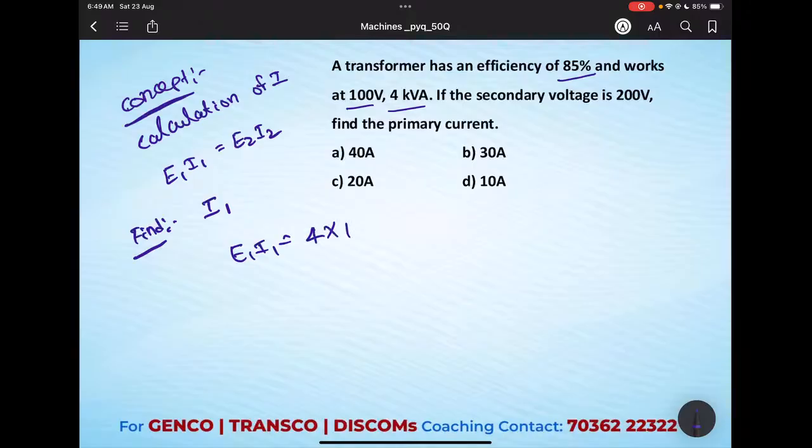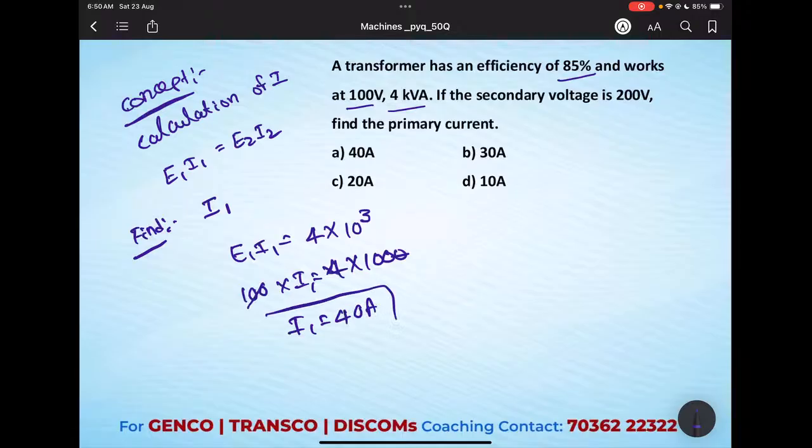It is 4 into 10 cube. E1 is 100 volt. So I1 equals 4 into 1000 divided by 100. If you cancel out 100 here, I1 is going to be 40 amps. So our option will be A.